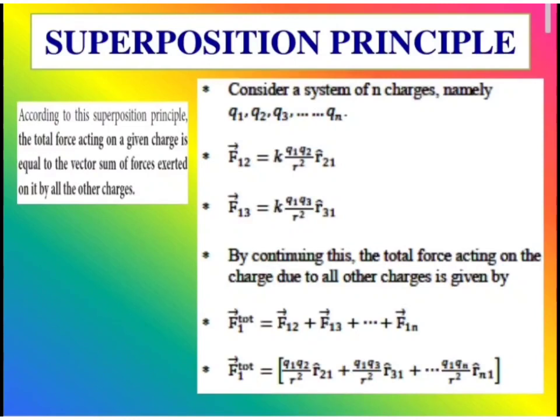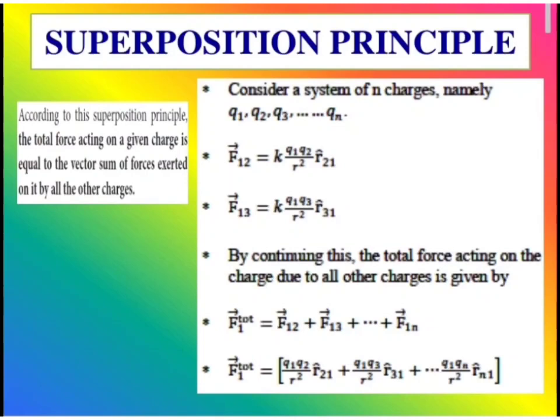By continuing this, the total force acting on the charge due to all the other charges is given by the net force acting on the first particle, which is equal to the force on the first charge due to the second charge plus the force on the first charge due to the third charge, and so on.